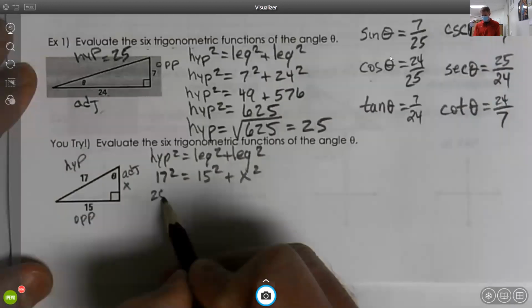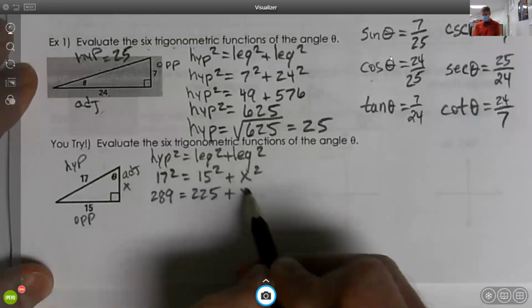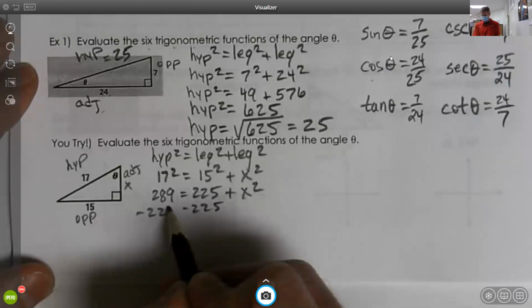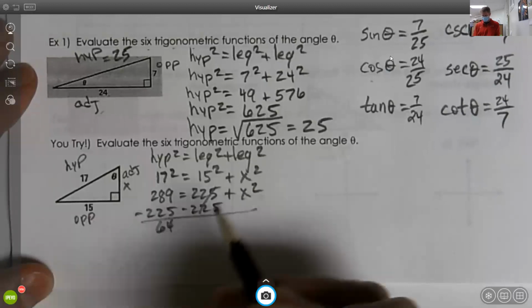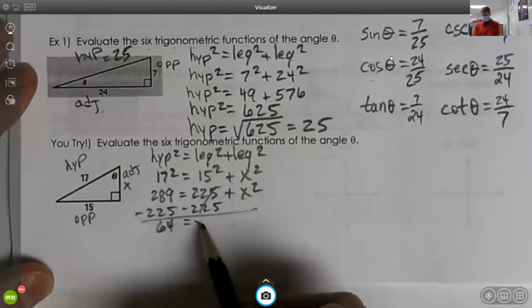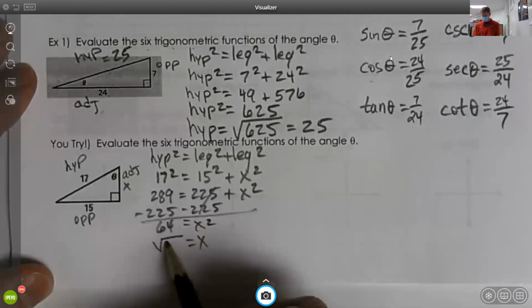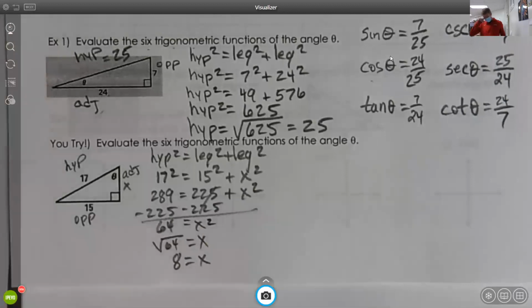So we have 289, 225, x squared. We need to subtract across to get 64. And when you take the square root of 64, you get 8. So this is actually another Pythagorean triple.